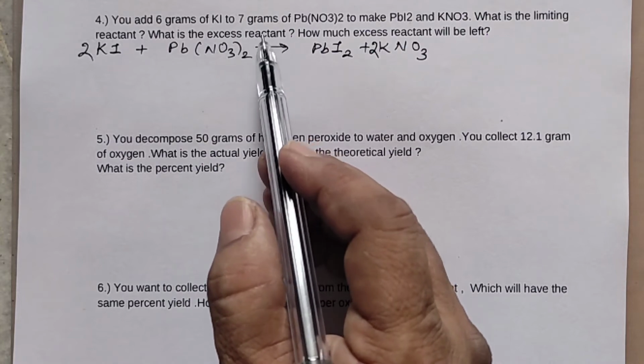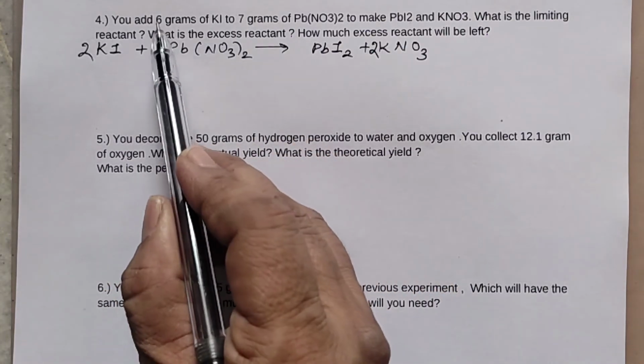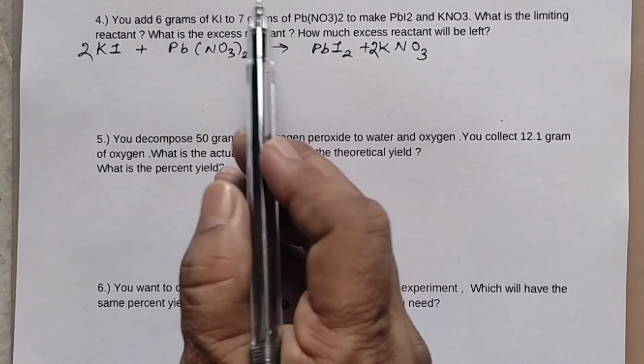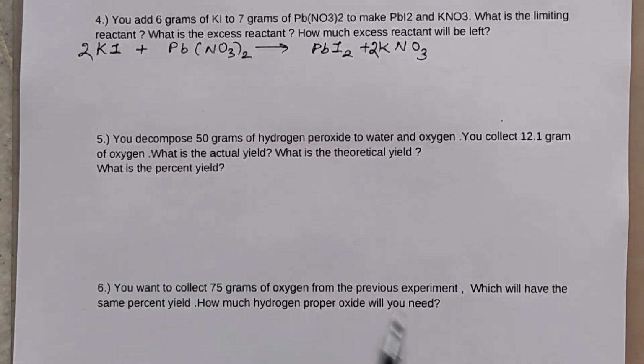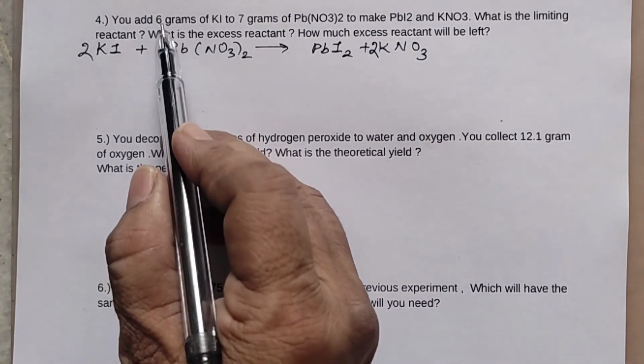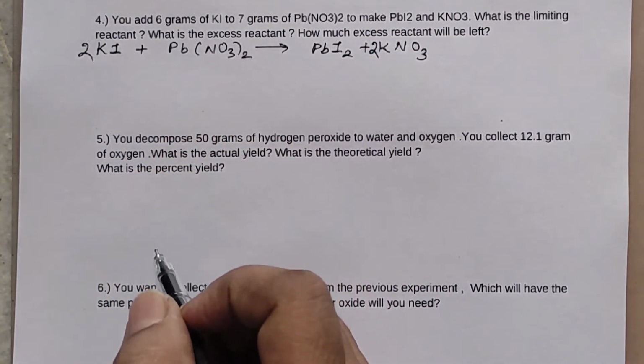Now, what are they asking us? Limiting or excess. So that means we will first find out 6 grams of KI requires how much lead nitrate, and 7 grams of lead nitrate requires how much potassium iodide. Means we are going to decide first which is the limiting reagent. So first let us take potassium iodide. 6 gram potassium iodide will require how much lead nitrate?